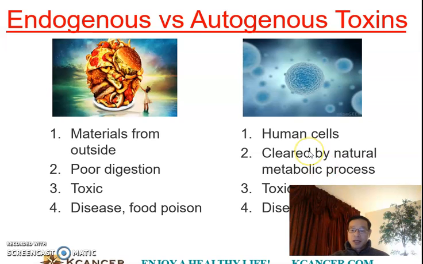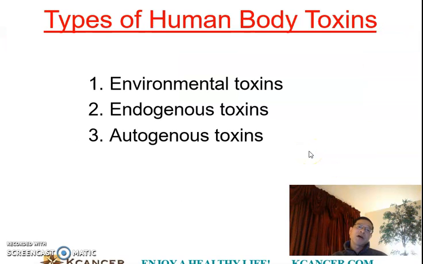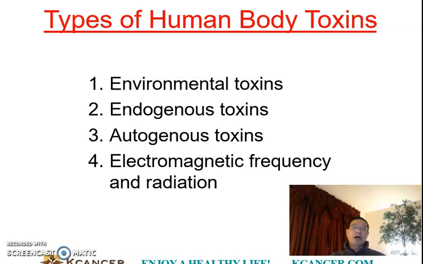As mentioned, we want to take some time to understand the different kinds of toxins in the human body. In future presentations, we will meet a lot of different kinds of toxins, so this is good for us to understand.